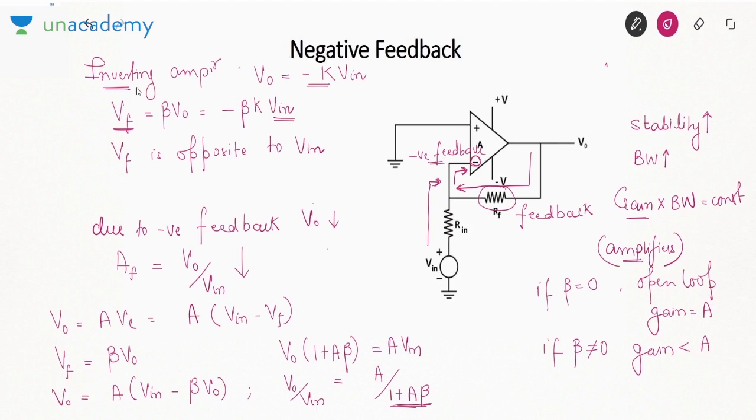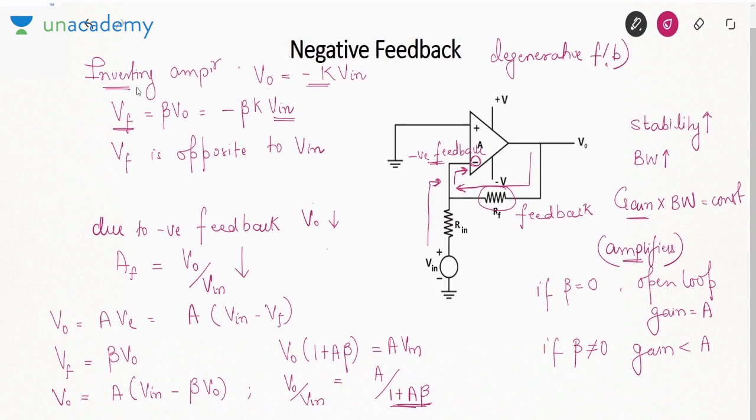Similarly, if input is negative, feedback is positive, again the net input will be reduced. In both the cases, net input reduces, and that is why it is called negative feedback. Another name for such feedback is degenerative feedback.